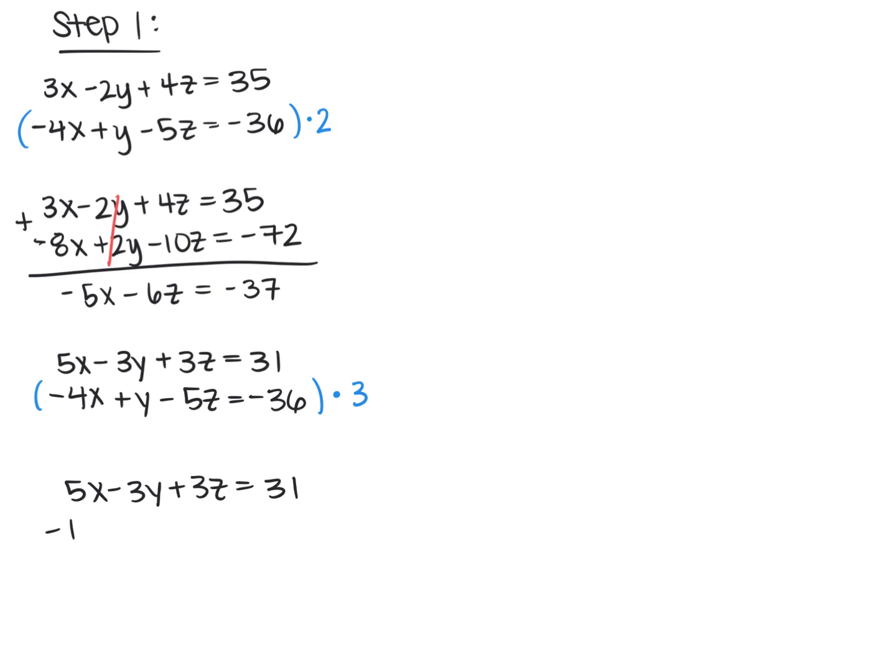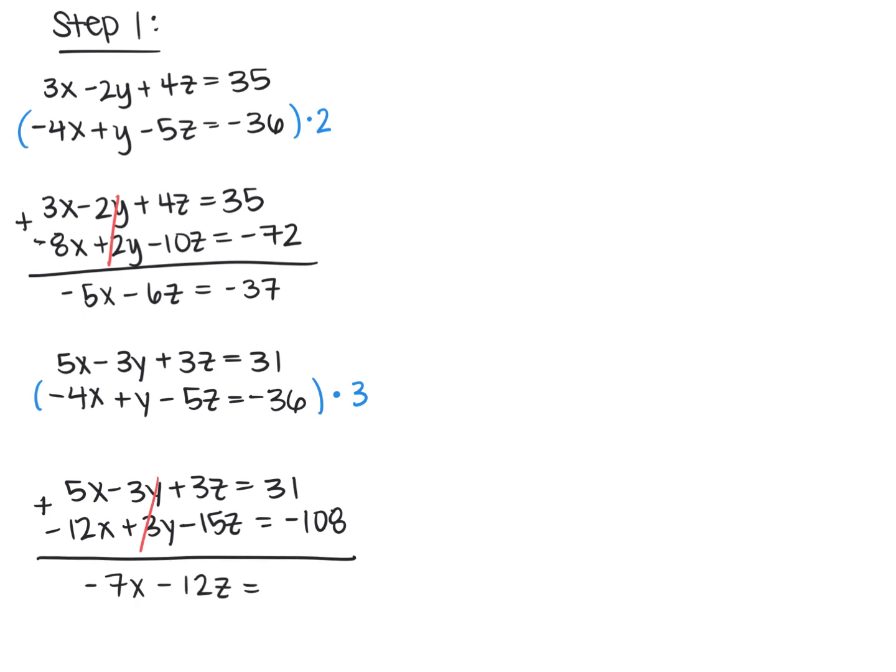And then we'll have negative 12x plus 3y minus 15z equals negative 108. We add, the y's cancel again. We get negative 7x minus 12z equals negative 77. So all of this work is part of step 1.